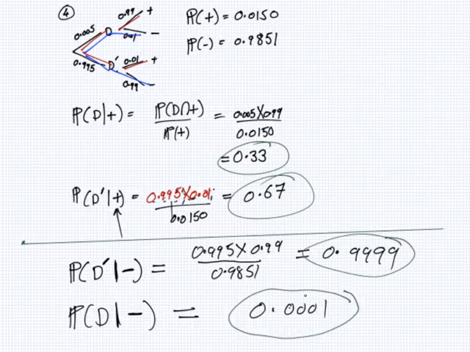So getting a negative result and getting a positive result leaves you with two very different situations. In the positive case, we're not very confident whether the person is a drug user or not. But if the test result is negative, we're pretty clear. It's very likely that they don't use drugs and very unlikely that they do.